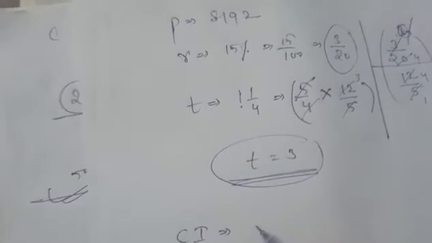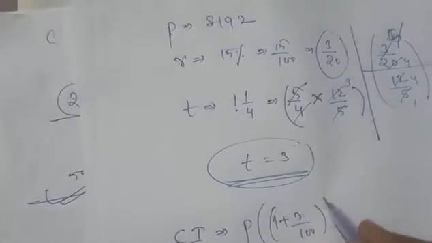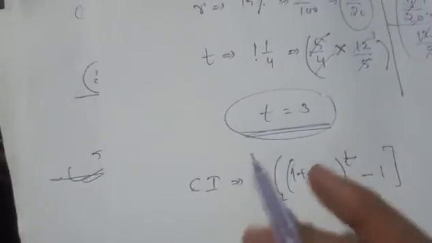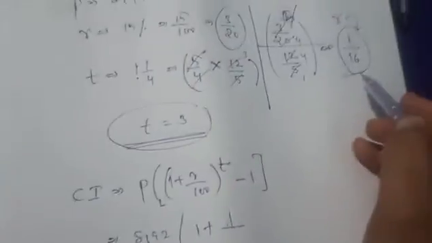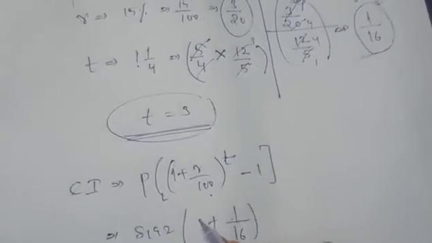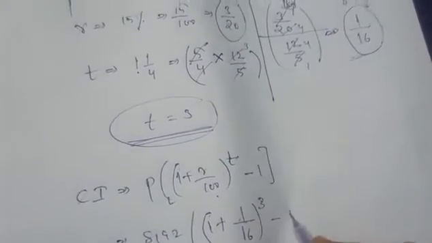We know the formula: P into (1 plus R upon 100) to the T, minus 1. So keeping all the values, 8192 into (1 plus 1/16) whole cube, minus 1. Since we have directly taken the ratio 1/16, there is no need to mention 100 again; we cube it because time is 3 years.